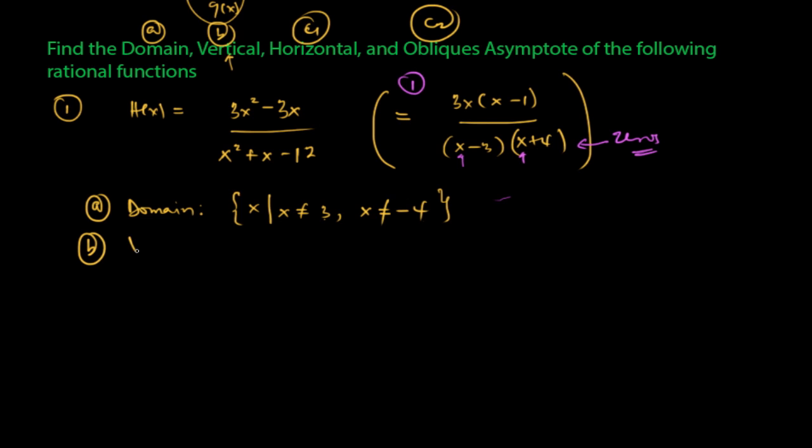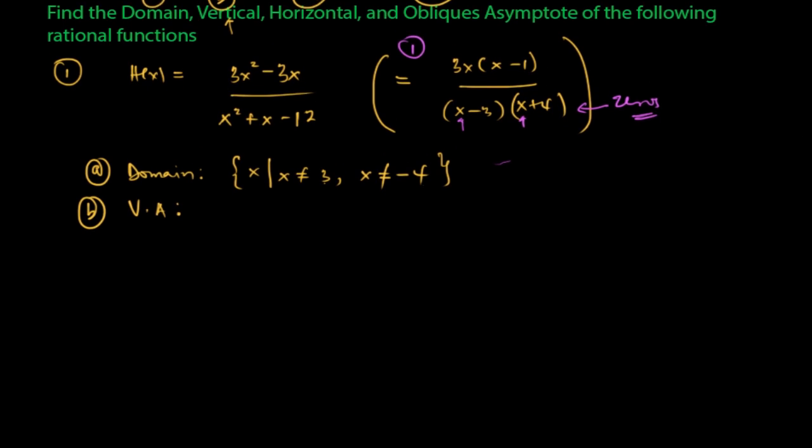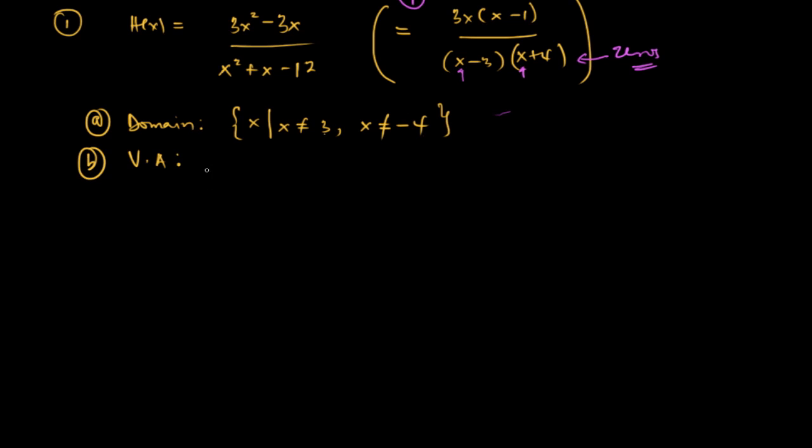The next thing is we want to find the vertical asymptote. To find the vertical asymptote, the very first step, as explained in the previous video, is to reduce the rational function to its lowest term. The rational function we have is 3x times x minus 1 divided by x minus 3 times x plus 4.